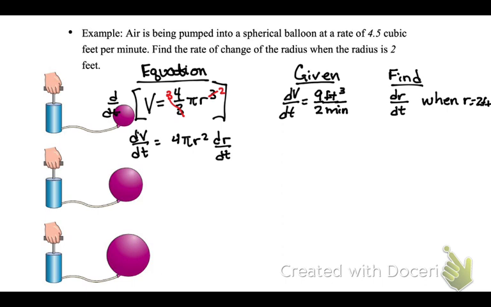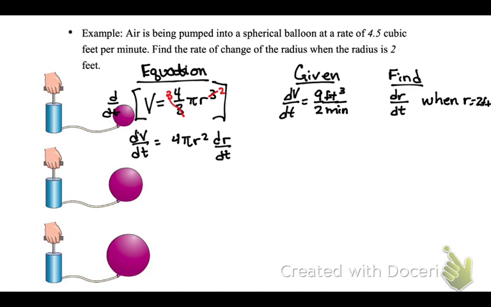It'd be equal to dr/dt, right? Because that's what we need to find, and it's not there. So we need to get it there. So we need to solve it for dr/dt.